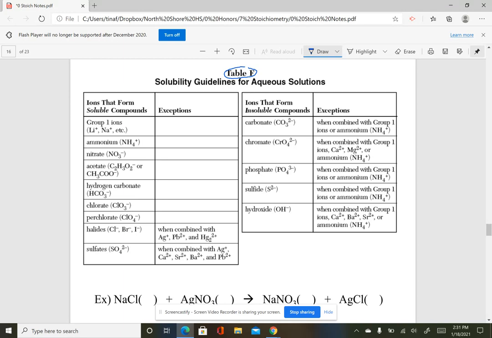Okay, so this table F, this is in the Regents reference table, but we would also be giving you this table to take your test in this class, so you don't have to memorize any of this.